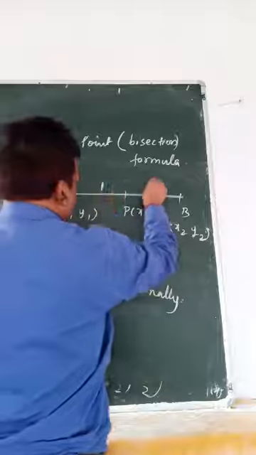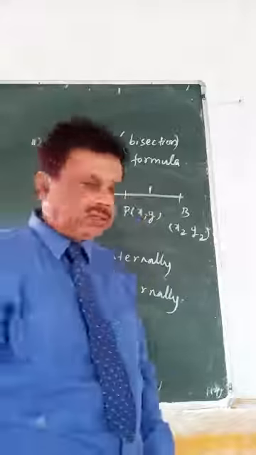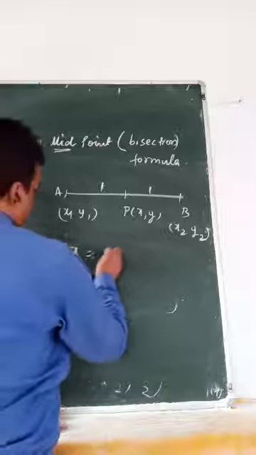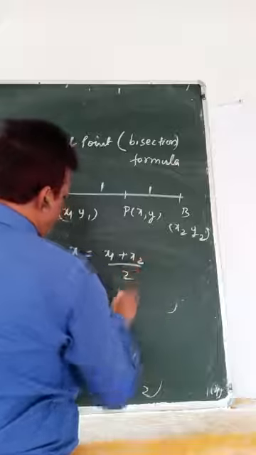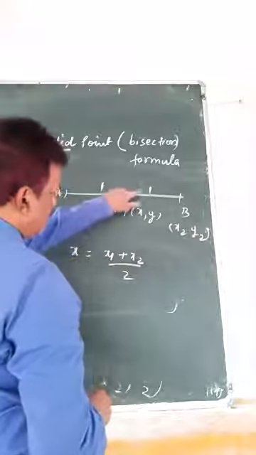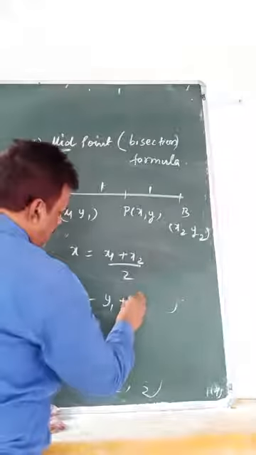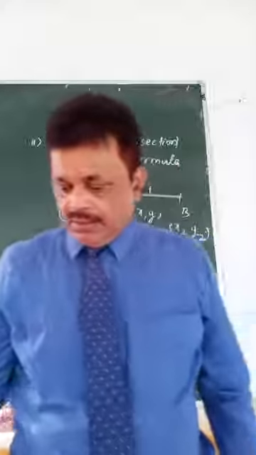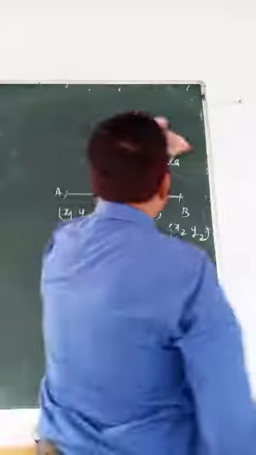Midpoint means 1:1 ratio. Means m is 1, n is also 1. So how to remember? x is (x1 plus x2) by 2, since m plus n means 1 plus 1 is 2, and m is 1 so I am not writing 1 here. y will be (y1 plus y2) by 2. Okay? Now, if you get a question on this, how to solve?